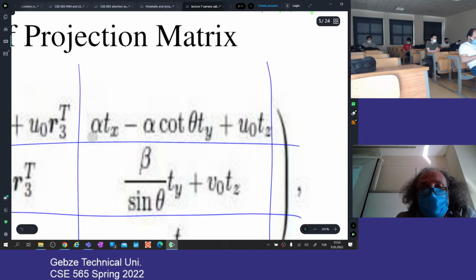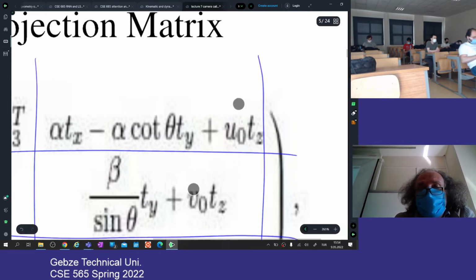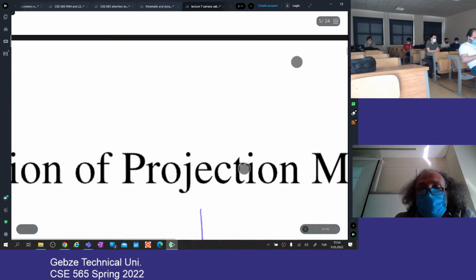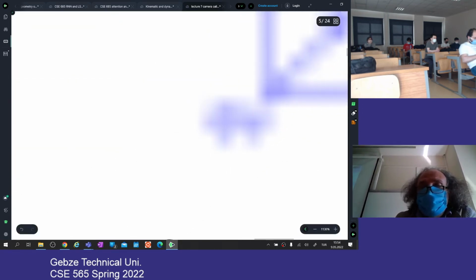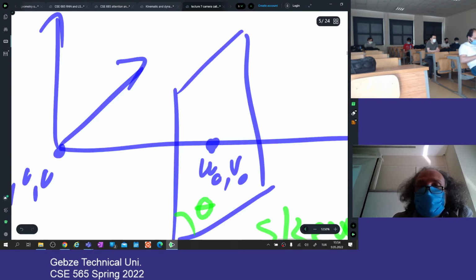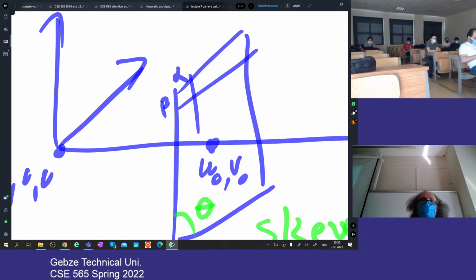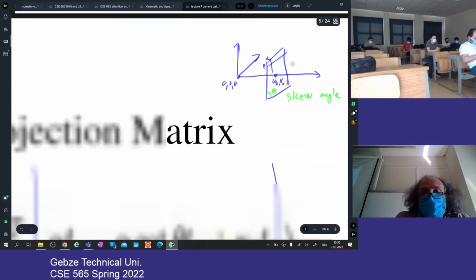How about alpha and beta? Alpha and beta are the parameters that correspond to the pixel width and pixel height of our images. These are alpha and beta.